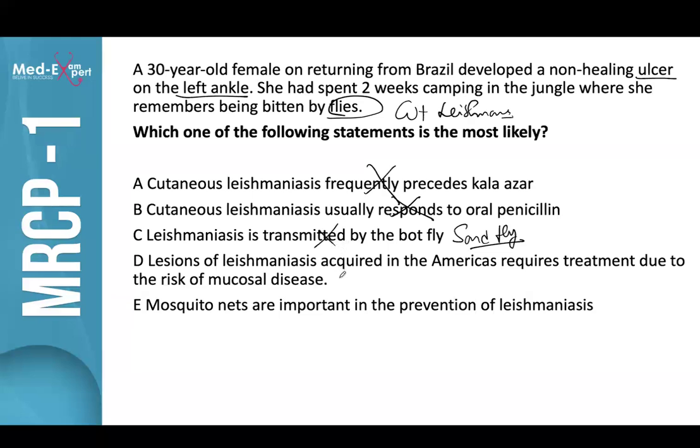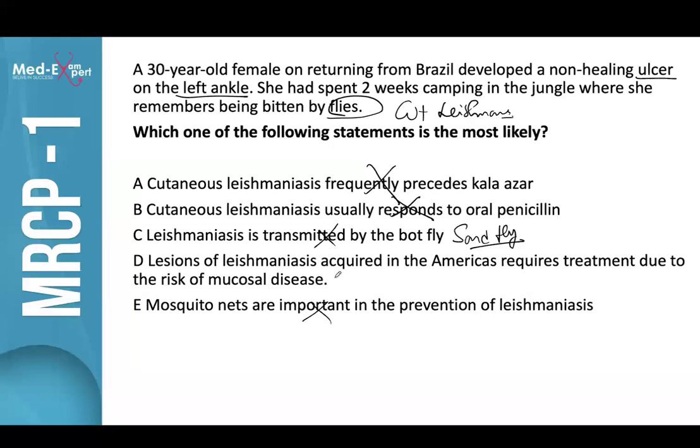Lesions of leishmaniasis in the Americas require treatment due to the risk of mucosal disease. Mosquito nets are important in prevention? No, mosquito nets will not prevent sand flies. But the lesion in places like America has a widespread mucocutaneous disease compared to the lesion in the Old World or other places.